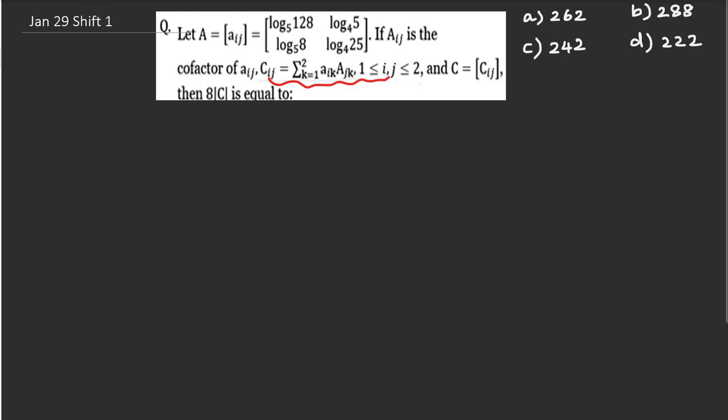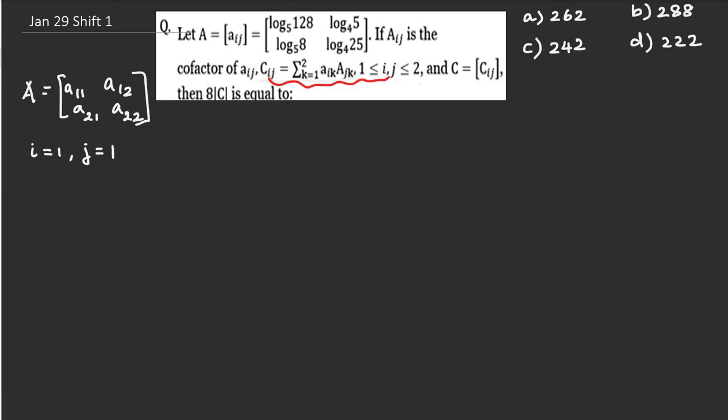Now let us take A as the 2 by 2 matrix with entries A11, A12, A21 and A22. Now let us take i equal to 1 and j equal to 1.